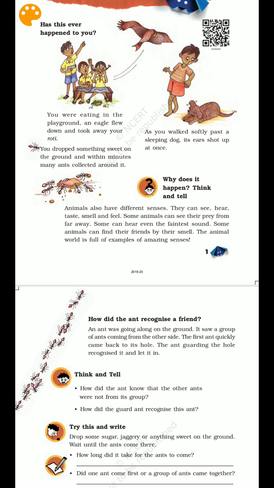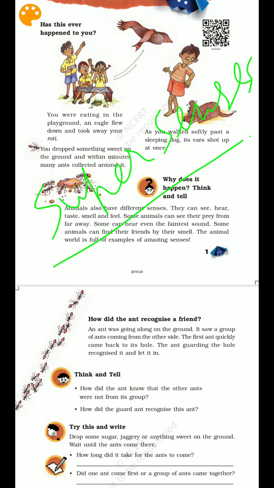These special sense organs are called super senses. Means different kinds of sense organs present in specific animals or specific living beings.